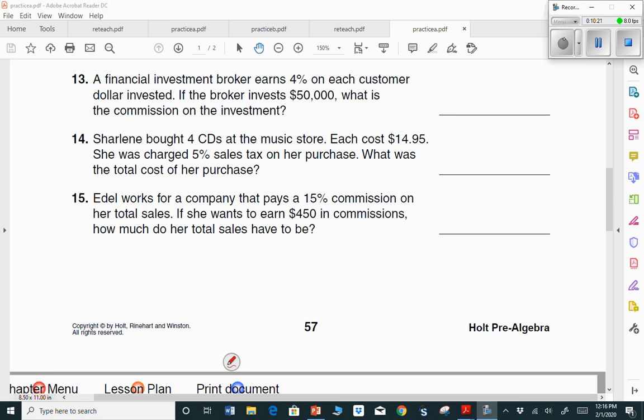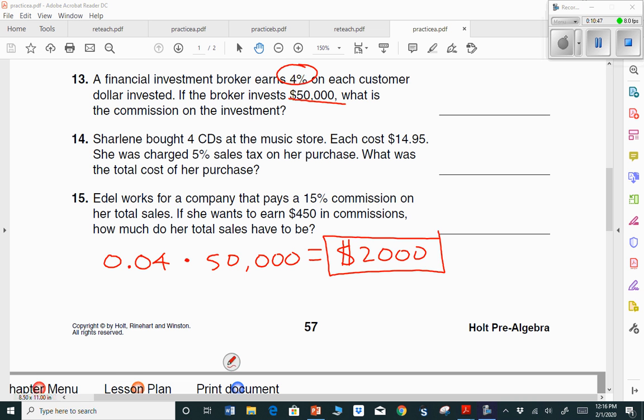And you had a formula earlier that showed you to take the 4% as a decimal, 0.04, and multiply it by, in this case, the amount invested, which is $50,000. And then you just put that in your calculator. And I believe that equals $2,000. So the investment broker earned $2,000 by investing other people's money.